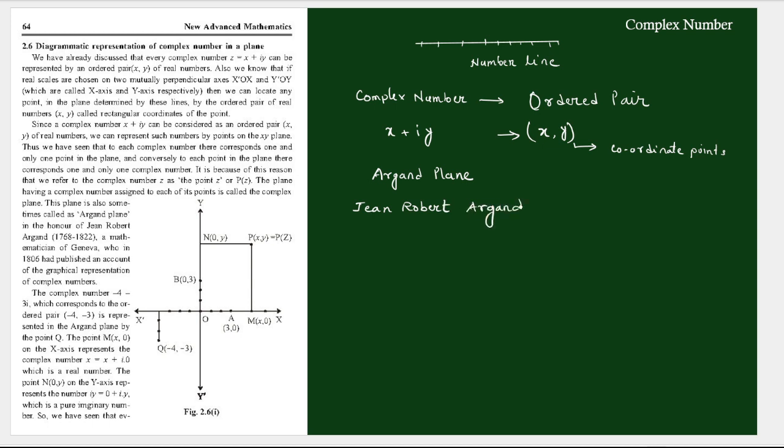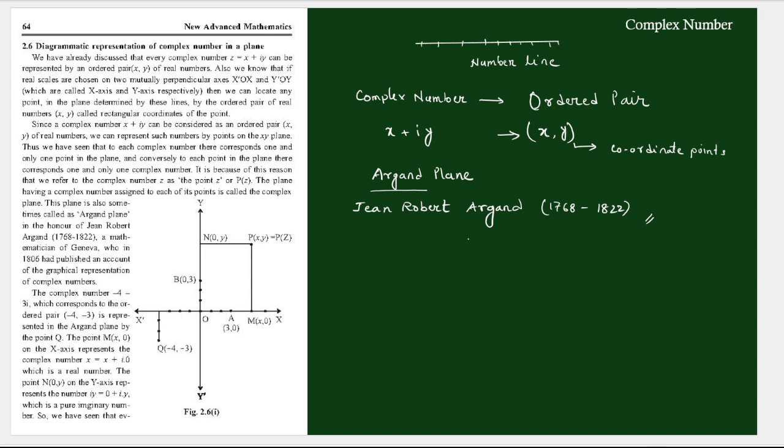He is a mathematician from Geneva. He was born in 1768 and died in 1822. Actually, he had published this graphical representation of complex numbers. So this plane is also called the Argand plane. Clear up to this much?